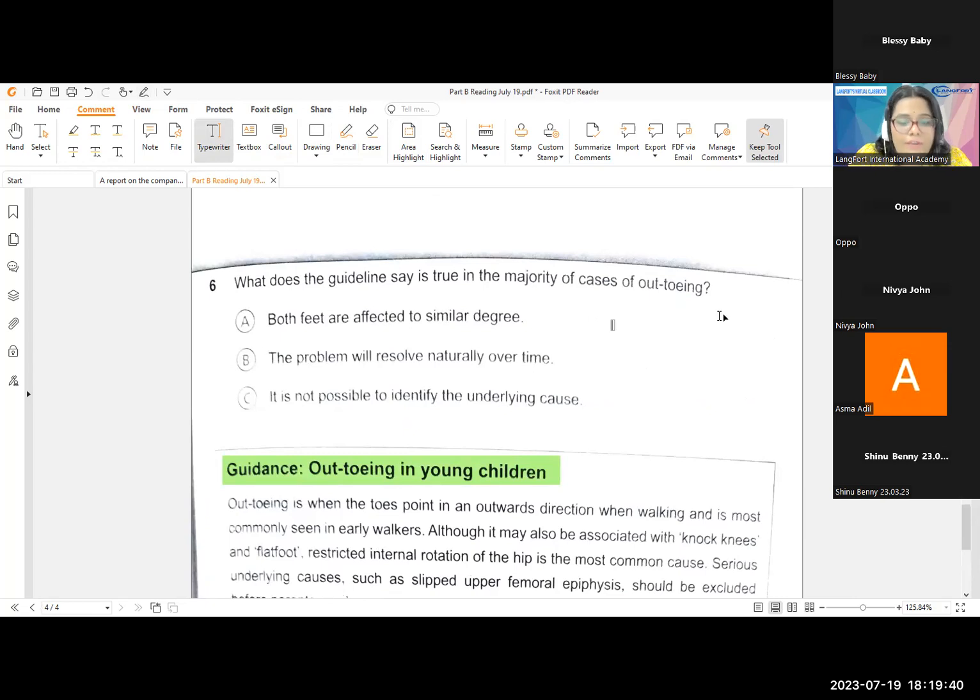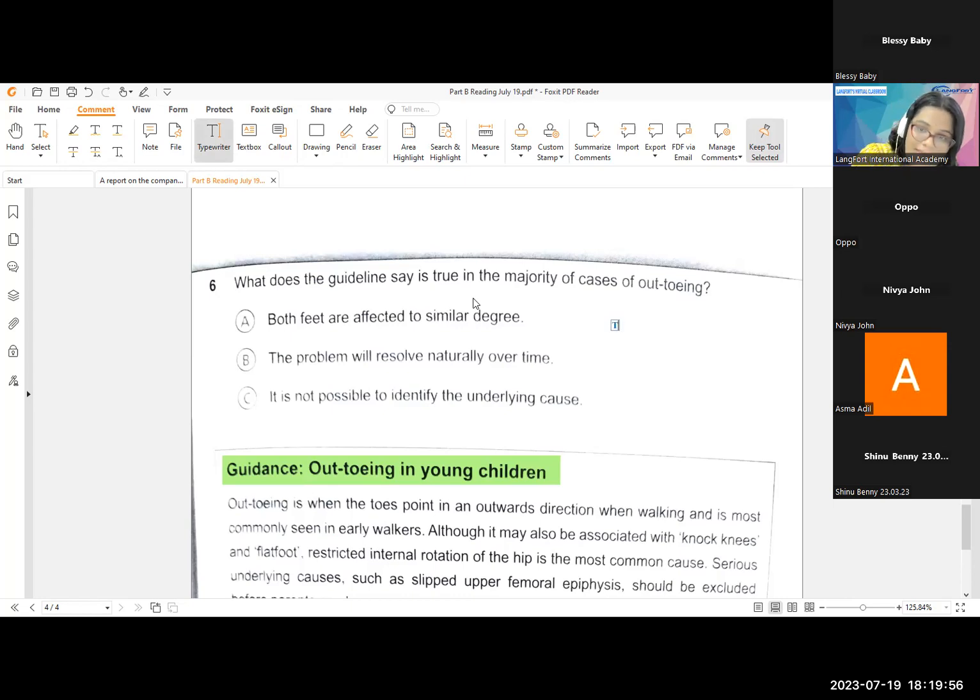So what do we need to find out here? According to the guidelines, what do we need to find out? Come on, tell me. The majority of cases, true about.